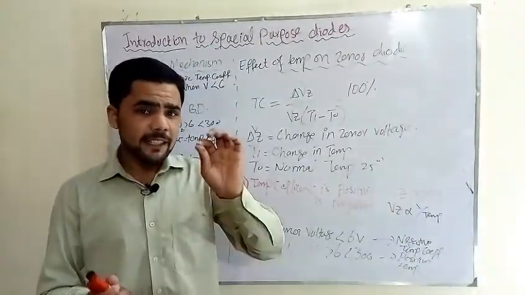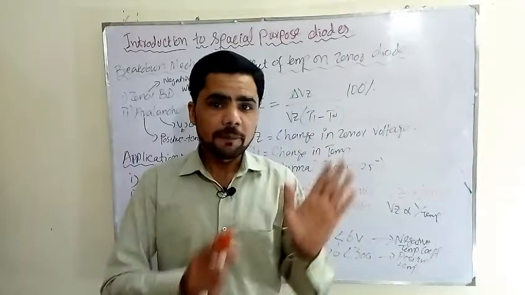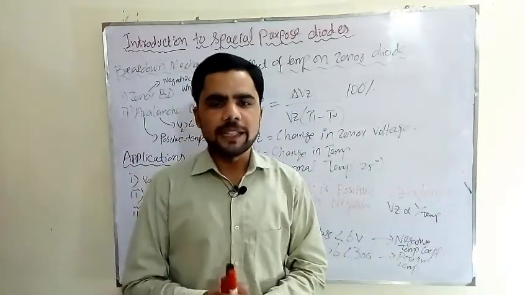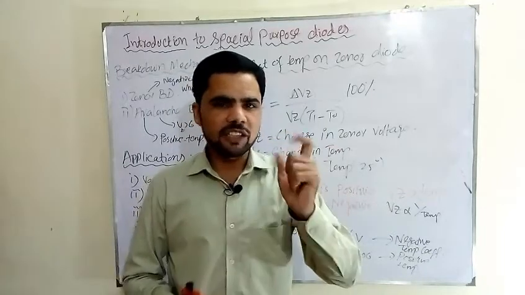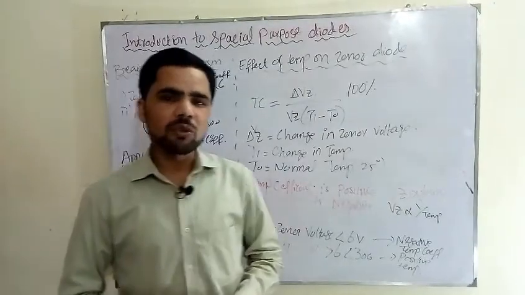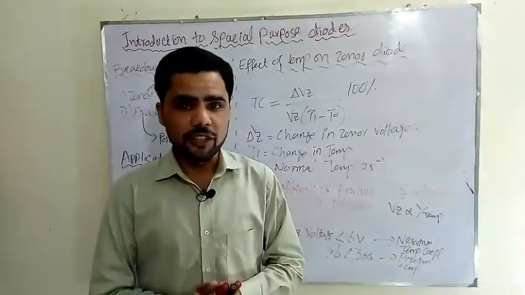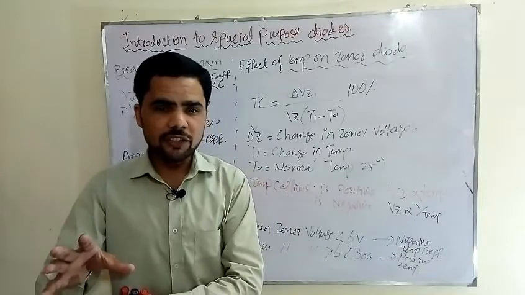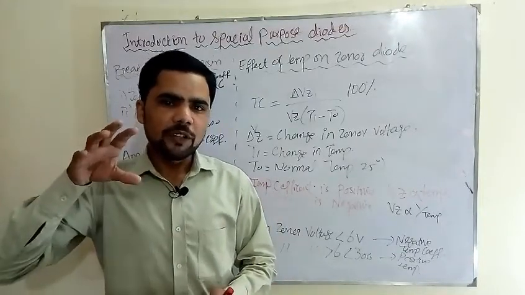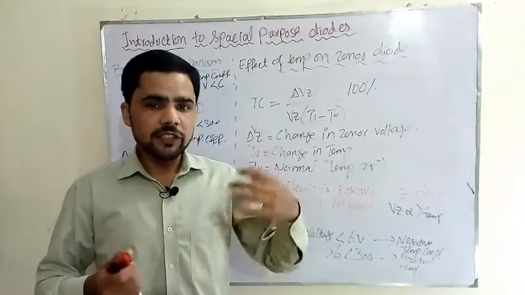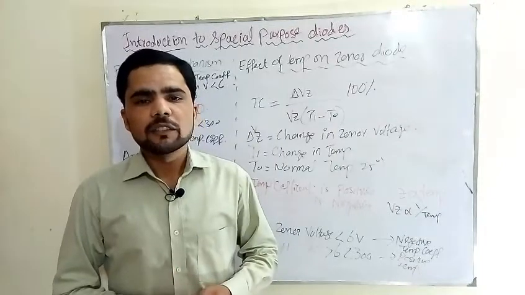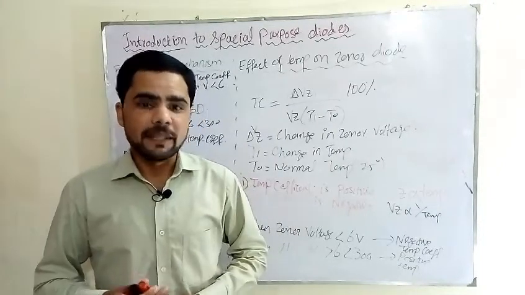Another very important difference between the Zener diode and the general purpose diode is power dissipation. You have to focus on this point, because for different applications you need to know about this property, otherwise your equipment can be damaged.